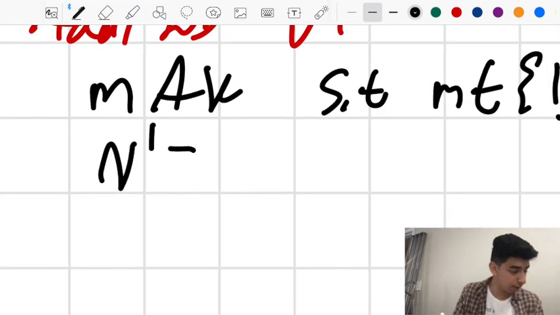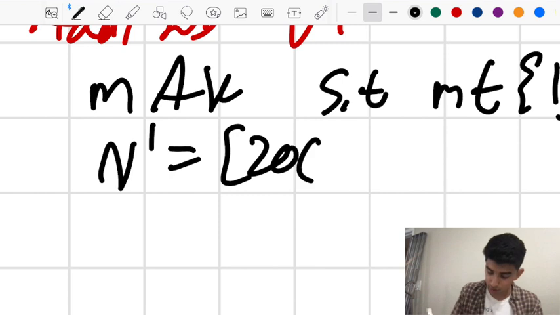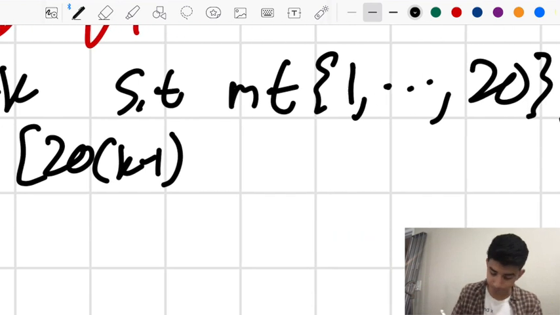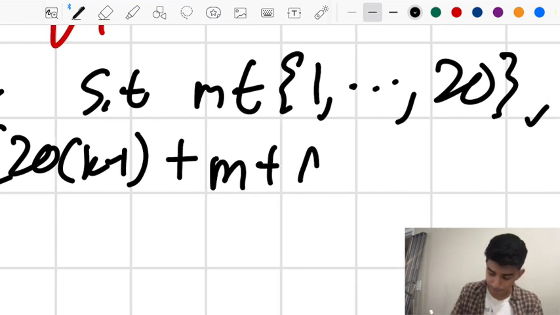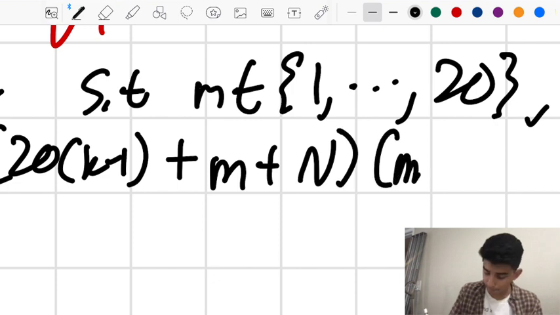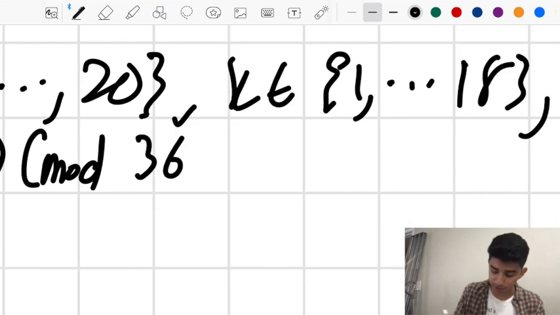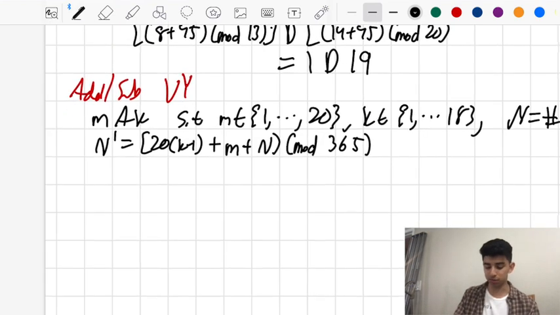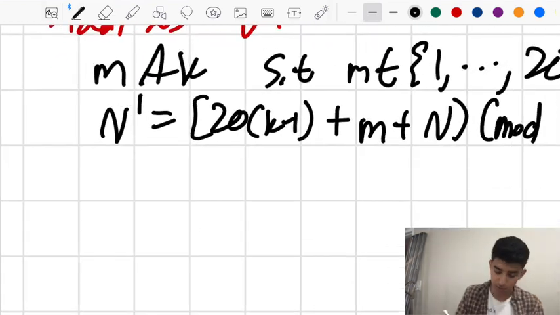We have N prime equals 20K minus 1 plus M plus N mod 365, and this is to find where within the 365 days it falls into.